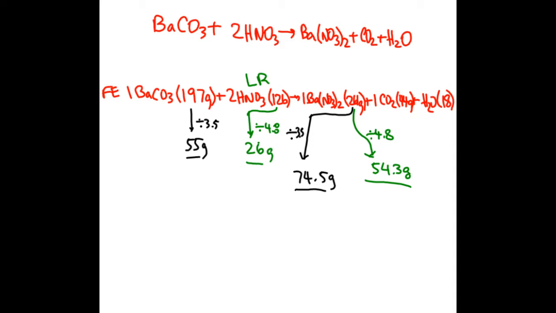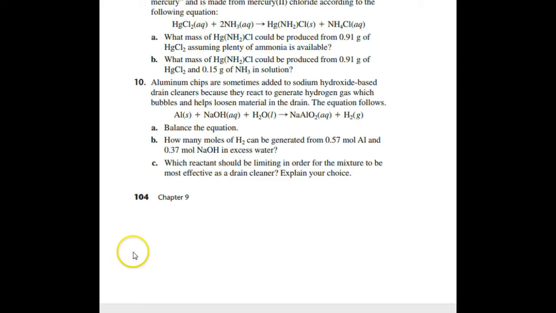Now that we know it's the limiting reactant, that's going to be the one we use to calculate the product. And we already did. So the answer for number 5 should be 54.3 grams.